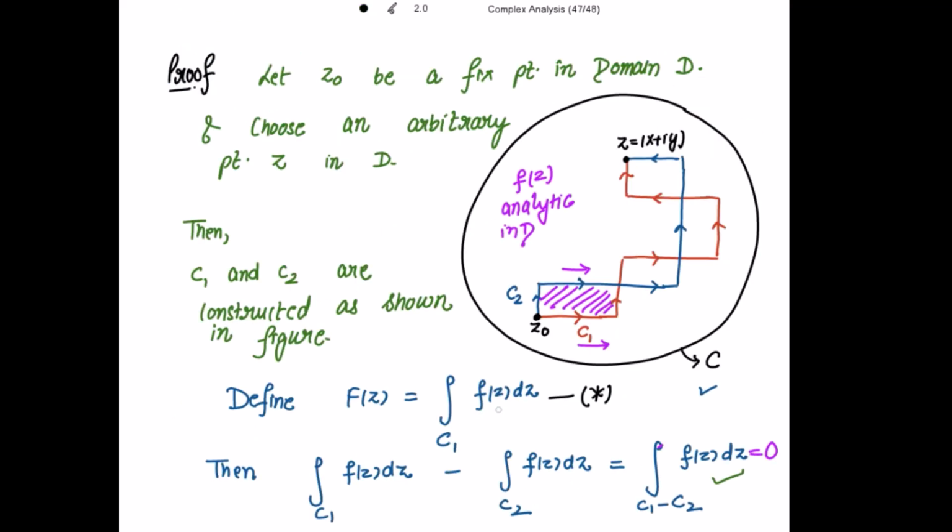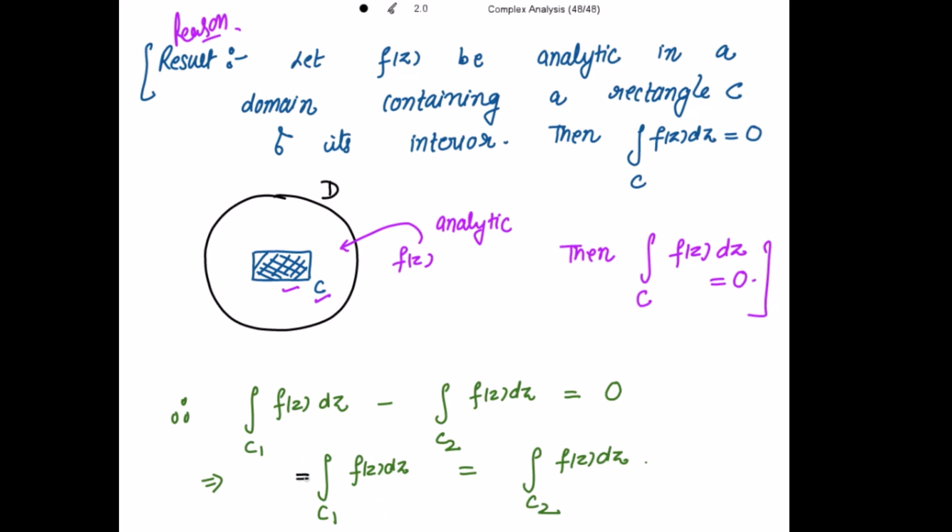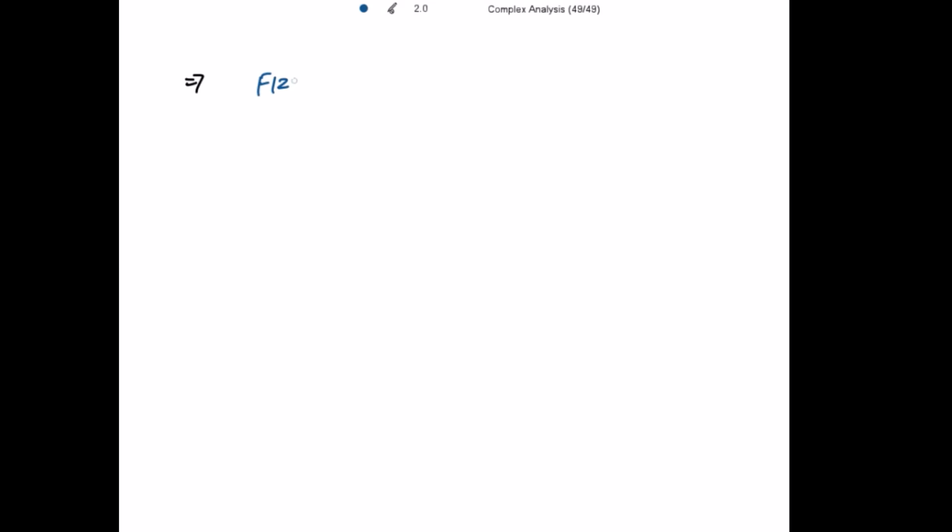What is the integral of f(z) along C1? It is capital F(z). That is, this is equal to capital F(z), which implies the integral of f(z) along C2 is also equal to capital F(z). So capital F of z is also equal to the integral of f(z) along C2.